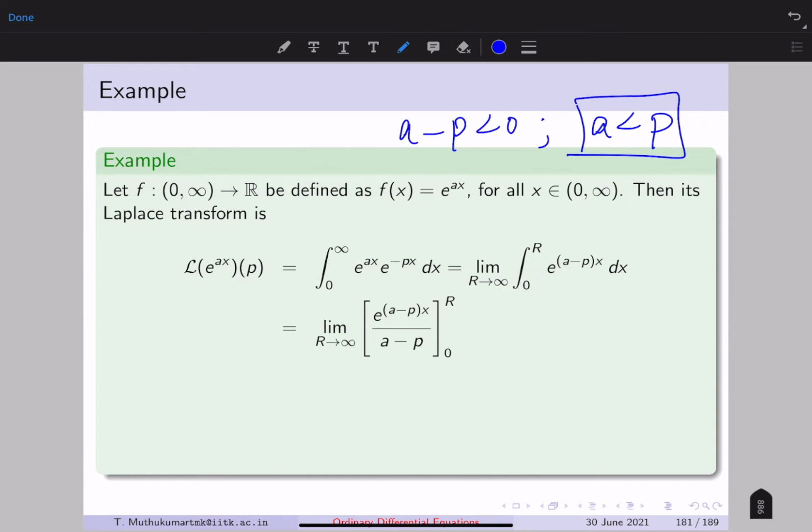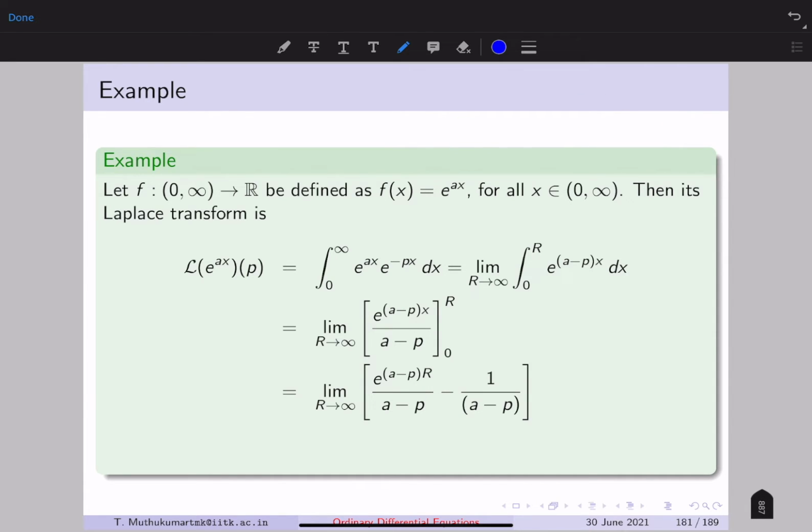Okay, so for p bigger than a, and the other thing, when you put x equal to 0, you get 1 over a minus p. So if you apply limits, you get this. You take the limit r going to infinity, what you get is 1 over p minus a, because of this negative sign here, which is valid for all p bigger than a. So what is the Laplace transform of the exponential?